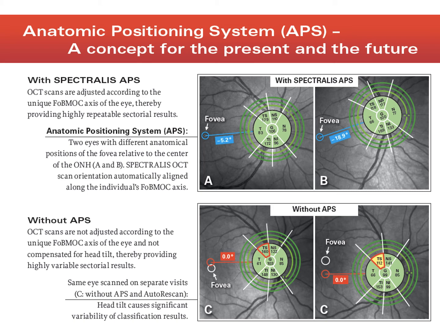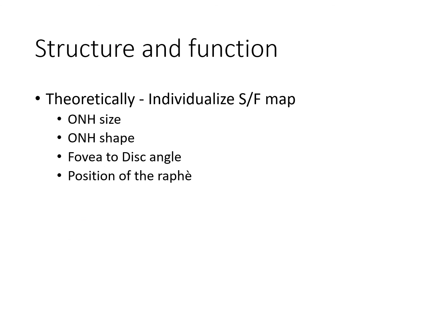So depending on the position of the fovea, we have to recalculate the temporal sector, and from that we can organize to assess the superior and inferior sectors. So theoretically, when we look for structure and function correlation, we have to create a personal map taking into account optic disc size and shape, fovea to disc angle, position of the raphe, and so on.